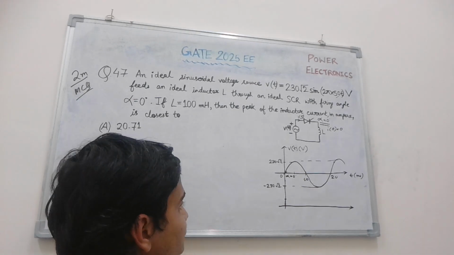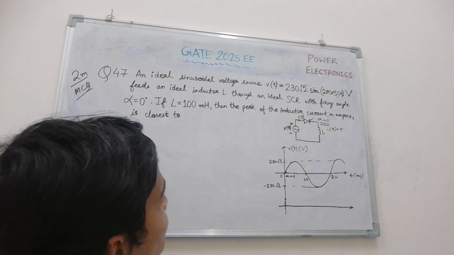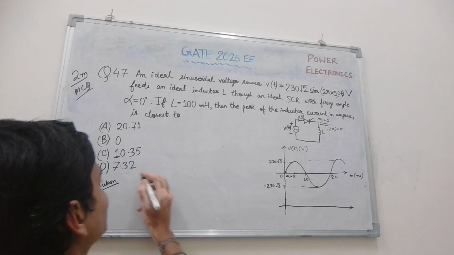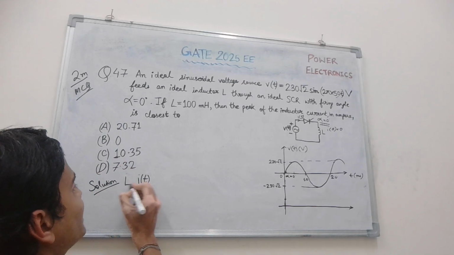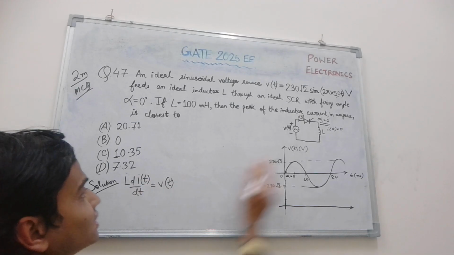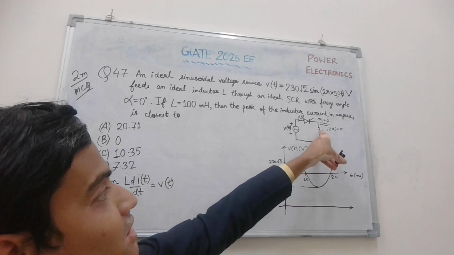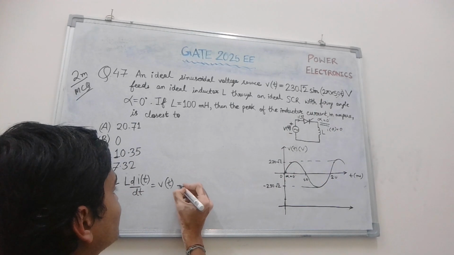You can also find it by integrating. For a pure inductor, L di by dt equal to V of t. After the SCR is fired, this voltage comes across it, so L di by dt equals V of t holds because alpha is 0 degree in this case.